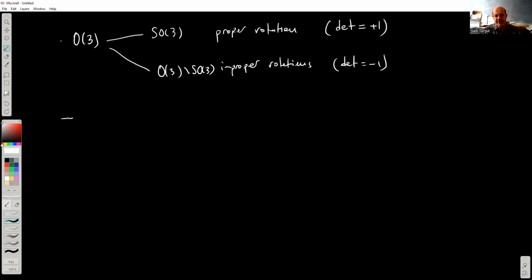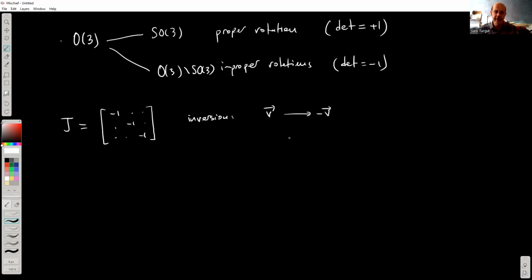The nice thing in here is that there's a very special improper rotation, which is the inversion. It's basically minus identity, a diagonal matrix where all diagonal entries are equal to -1. Basically, this is a transformation that transforms the vector to its negative.